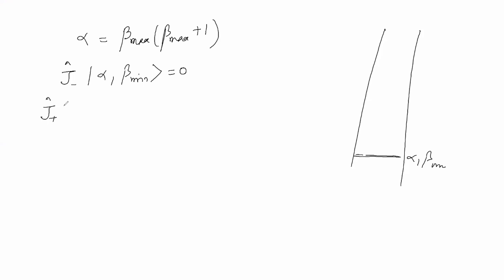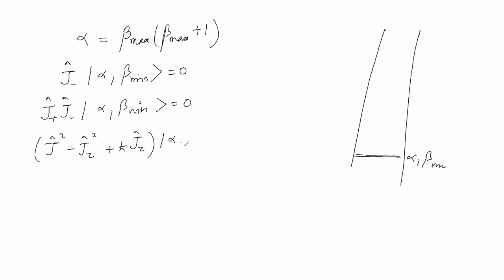Now here again, this time operating by J plus, this will be J plus J minus alpha beta min, which must be equal to 0, and again we shall write J plus J minus in terms of J square minus Jz square plus h cross Jz, on alpha beta minimum, and this must be equal to 0.